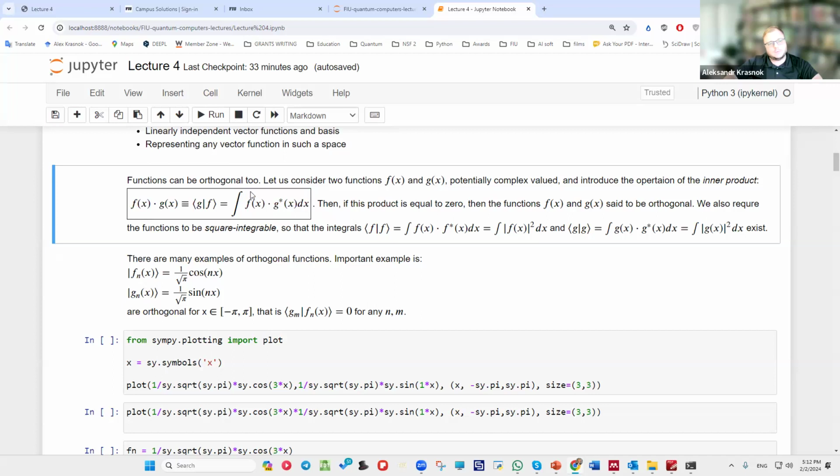Basically, we write the integral of the product of two functions, f of x times the complex conjugate of g of x.